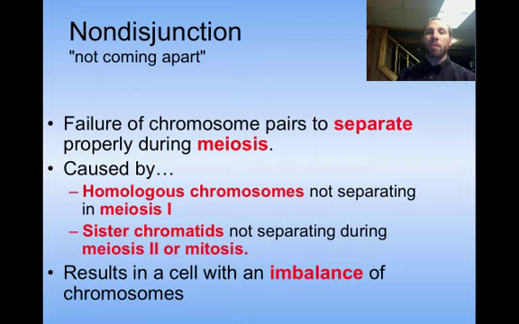They might either have too many or too few chromosomes in the gametes. So a sperm cell with 24 chromosomes or 22 chromosomes, egg cell with an extra chromosome or missing a chromosome as well. That is the result of a non-disjunction.